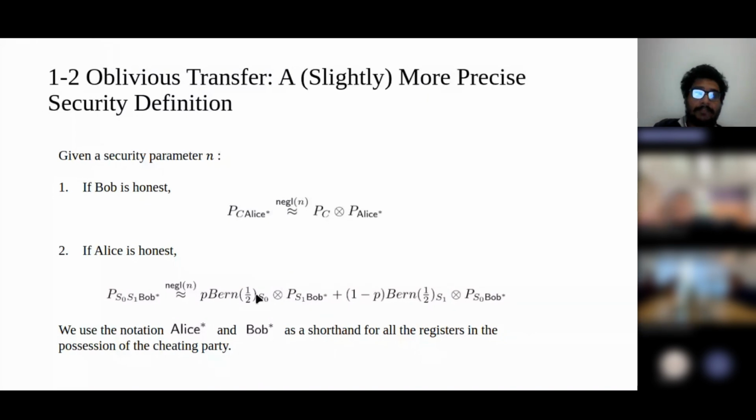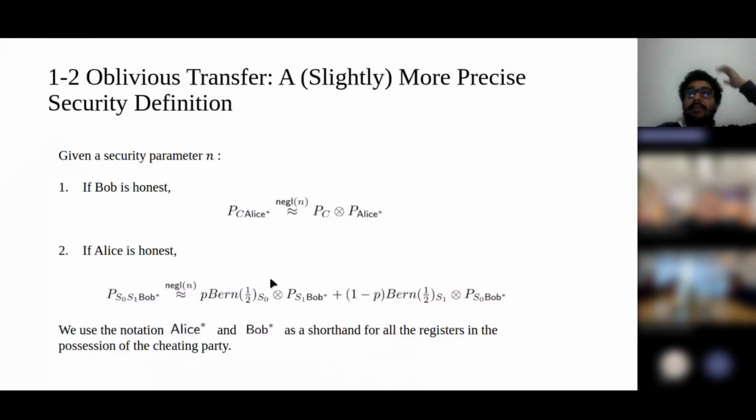But with probability p, small p, if we are in this world, a cheating Bob has absolutely no information about this S0. And similarly, with probability 1 minus p, in the other world, a cheating Bob maybe has information about S0, but has absolutely no information about S1.